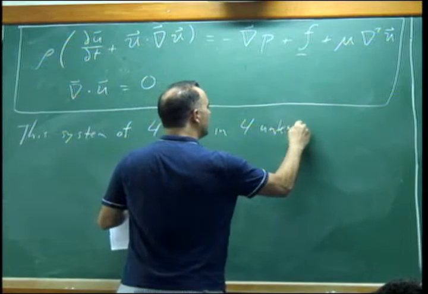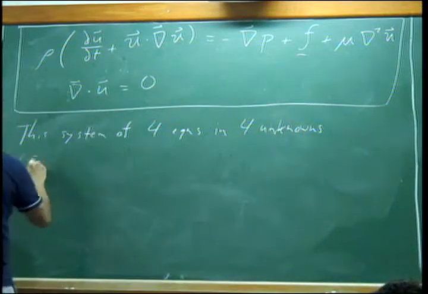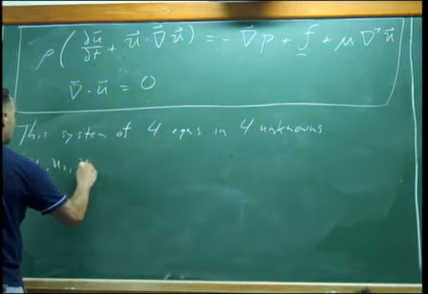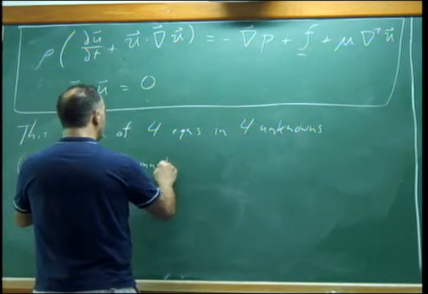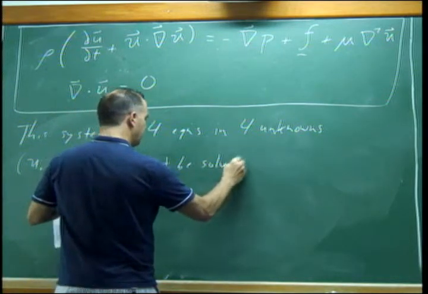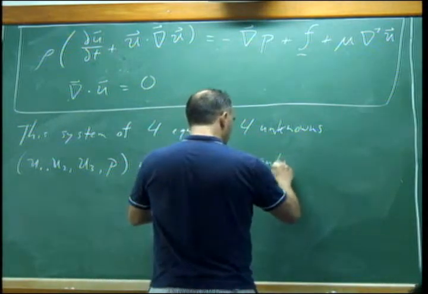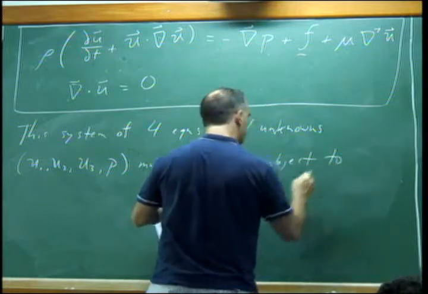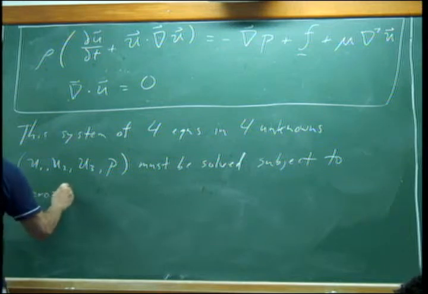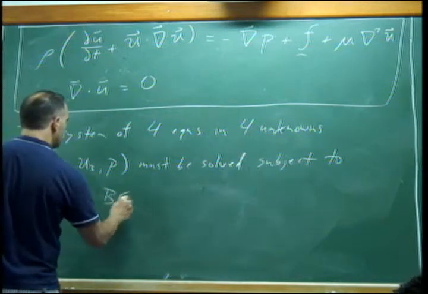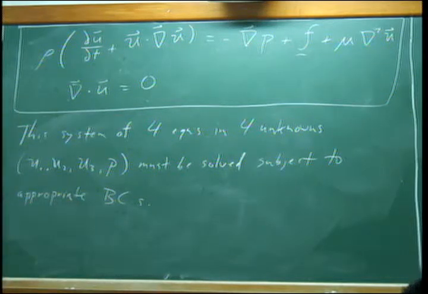Our unknowns are the 3 components of the velocity field and the pressure. So we have to solve these equations subject to the appropriate boundary conditions. Okay, BCs, boundary conditions. All right.